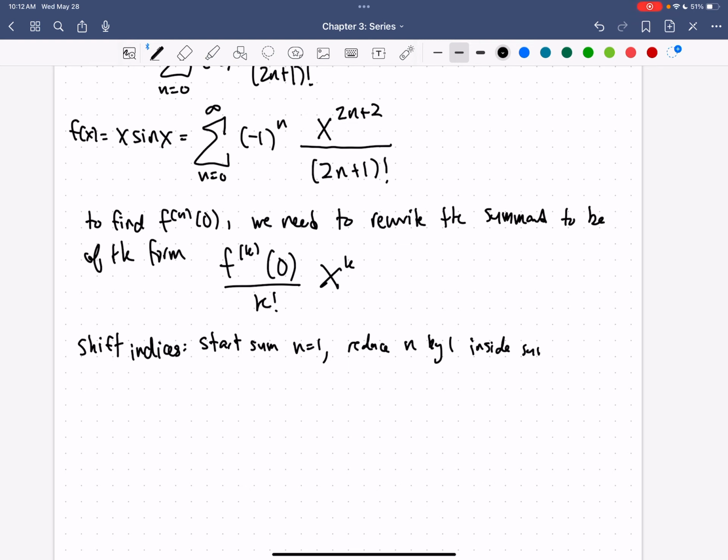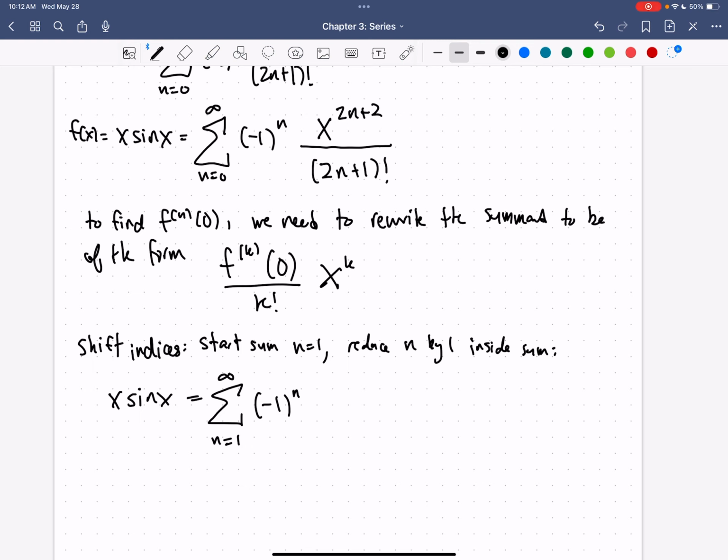So this little like re-indexing trick. So that gives us that x sine x is equal to, so just increasing the starting index by 1. And then everywhere else inside the sum, we reduce it by 1.